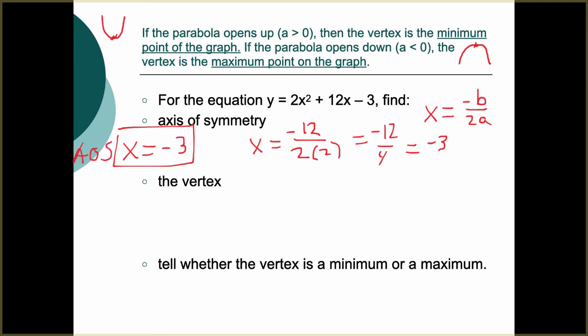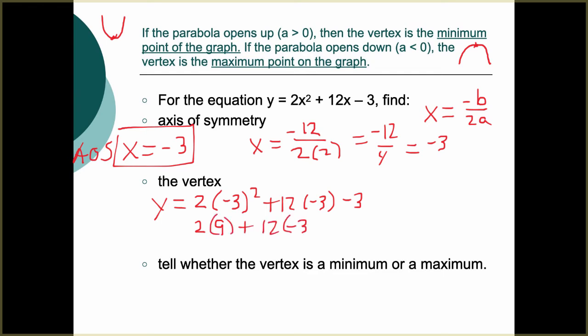Then we need to find a vertex. We're going to plug negative 3 back into our quadratic equation we're given. So we have 2 times negative 3 squared plus 12 times negative 3 minus 3. Negative 3 squared is 9, so 2 times 9. I'm going to leave all the multiplication for later. Do our order of operations. And then we have 2 times 9, which is 18.